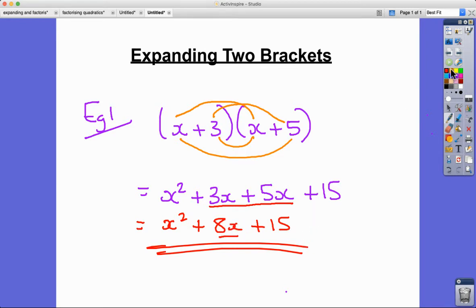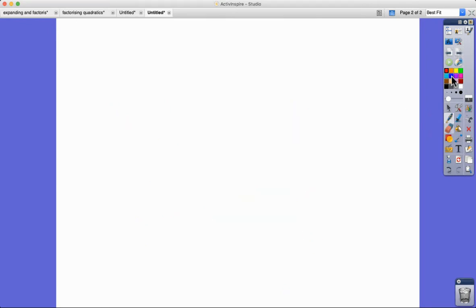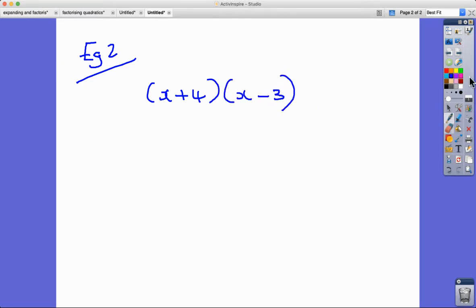All right, let's look at another example. This time we'll have one that has a negative in it. So this time we'll have x plus 4 multiplied by x subtract 3. Same process again: left eyebrow, right eyebrow, nose and mouth. I'm going to start from the left hand side. x multiplied by x is x squared. The nose, plus 4x.